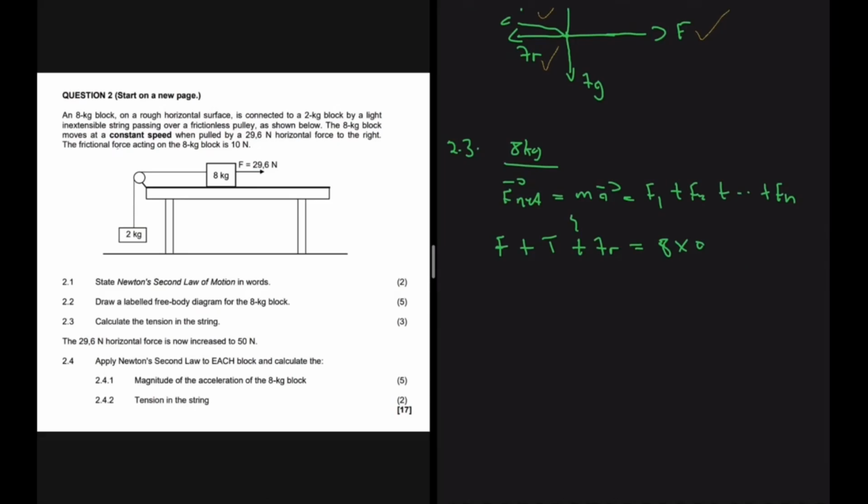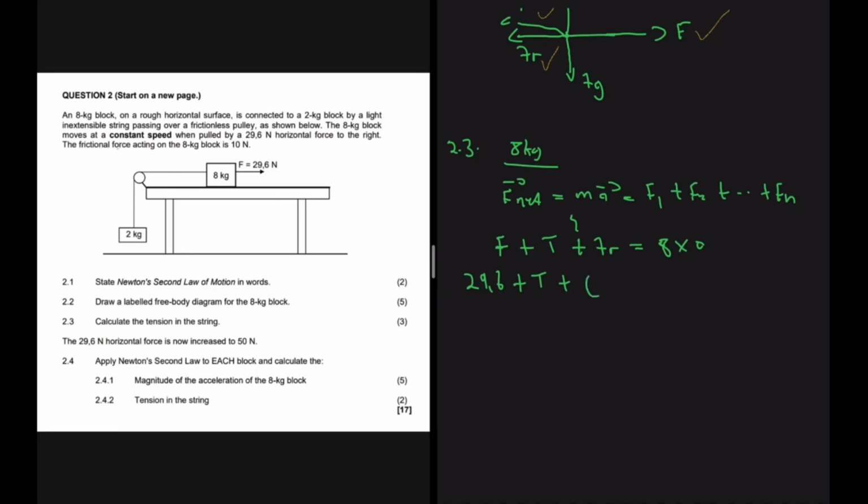What is F? F is given to us as 29.6. What is T? T is our variable of interest. Then plus friction. Friction opposes the motion, like the tension, so we put a negative value there.